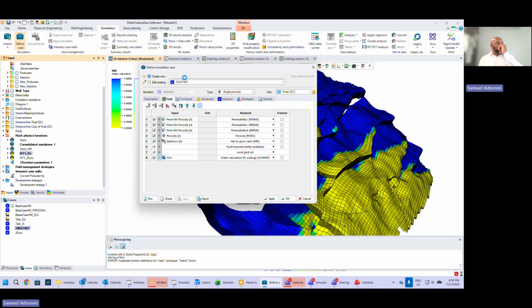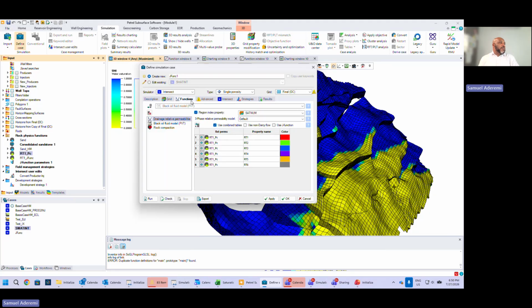The main difference if you're going to use the J-function approach is you will need to take this out. It will not be necessary again because the water saturation will be calculated from the J-function, from the capillary pressure. So you're going to append this where you are using the J-function that we've copied.